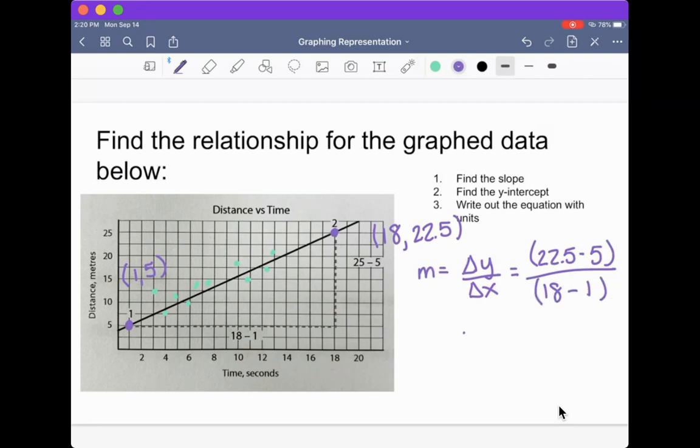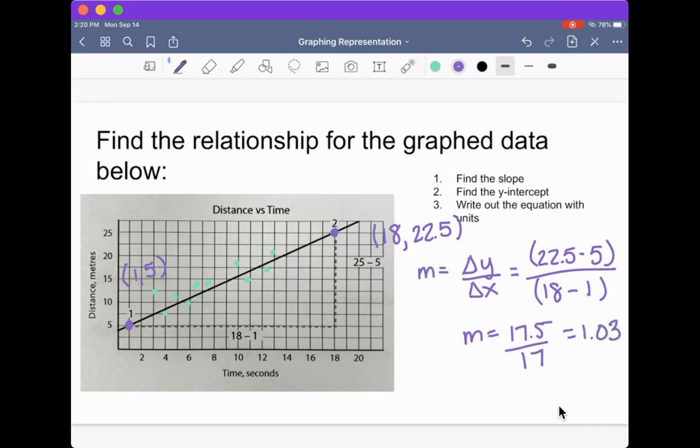Okay, and we're going to calculate the slope here. So I'm going to place it in my calculator really quick. And I'm going to get 17.5 over 17. And I'm going to get my slope is 1.03.